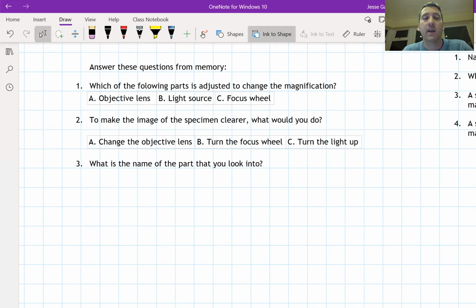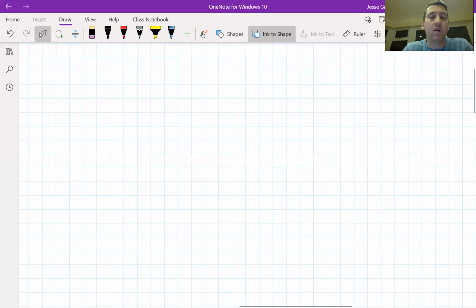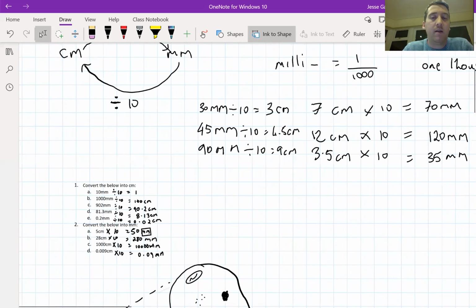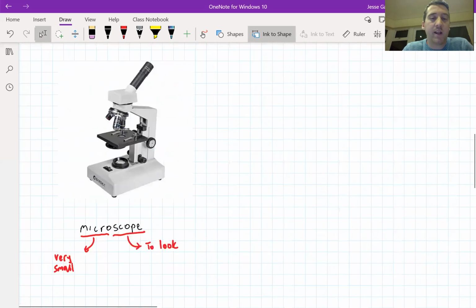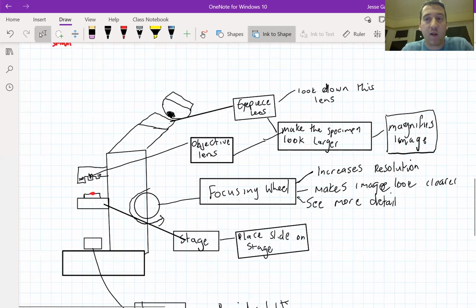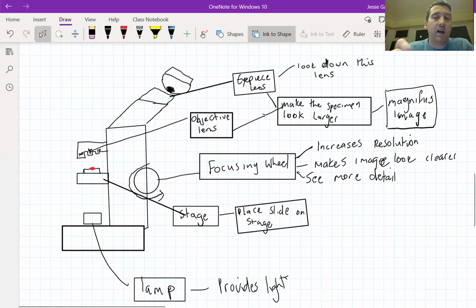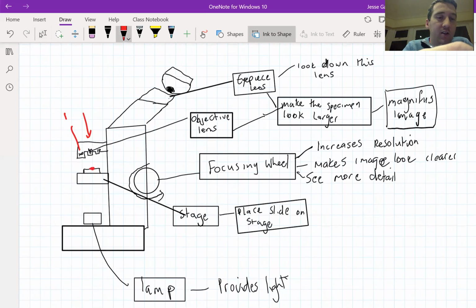Which of the parts is adjusted to change the magnification? The objective lens, the light source, or the focus wheel? Well, like I said before, I probably didn't explain this properly, so I'm going to re-explain it now. I told you that there are 3 objective lenses. Here is objective lens 1, here is objective lens 2, and here is objective lens 3.